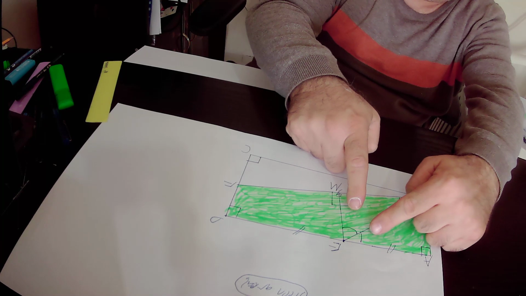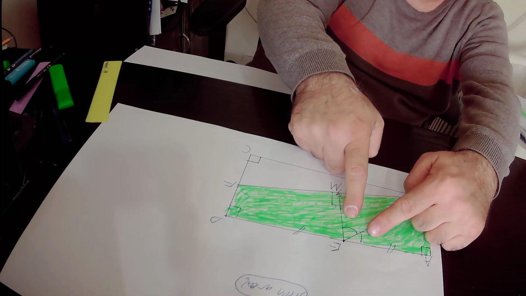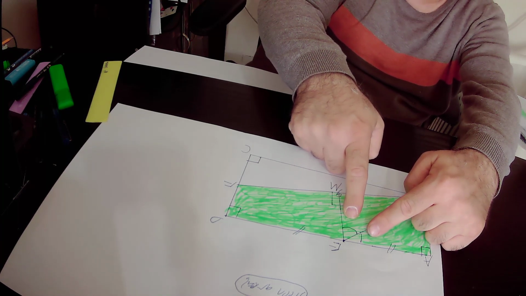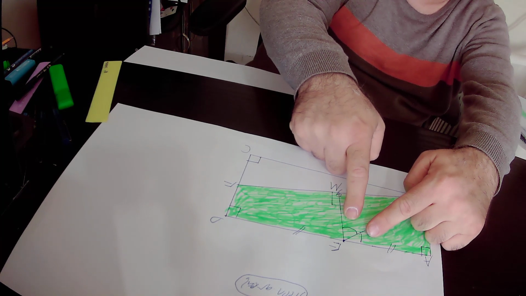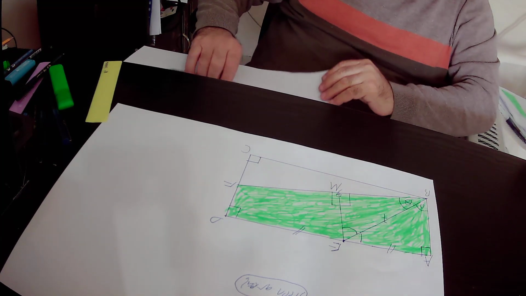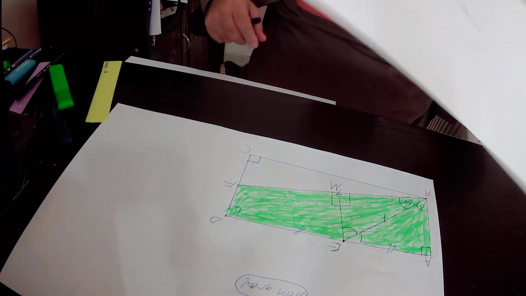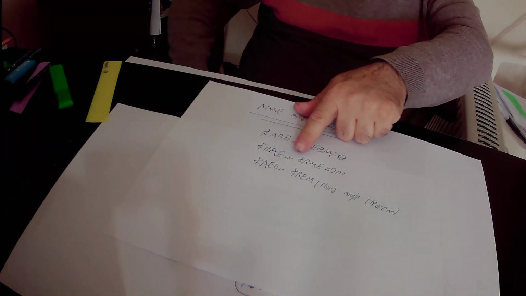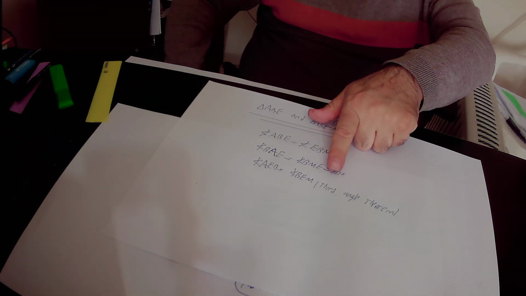Therefore, the third pair of angles must also be congruent. So angle AEB equals angle BEM according to the third angle theorem.